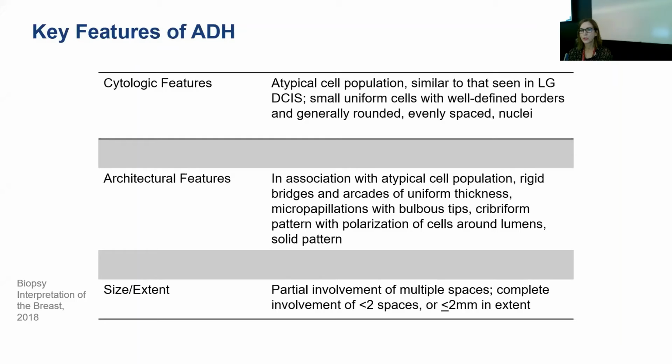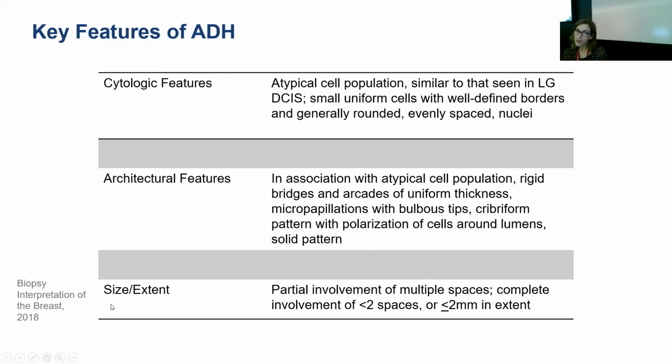Architecturally, you'll see rigid bridges, arcades of uniform thickness, so no attenuation in the bridges, micropapillations with bulbous tips, and a cribriform pattern with polarization of the cells around those lumens. You can also have a solid pattern in small acini.